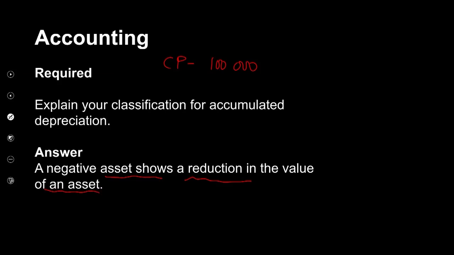My accumulated depreciation is 60,000. Clearly you can see that you have a carrying value of 40,000. Why? What did we do? We took the cost price minus the accumulated depreciation to give me a carrying value.